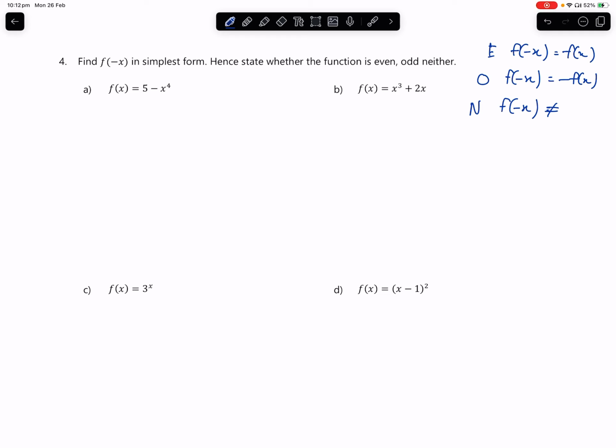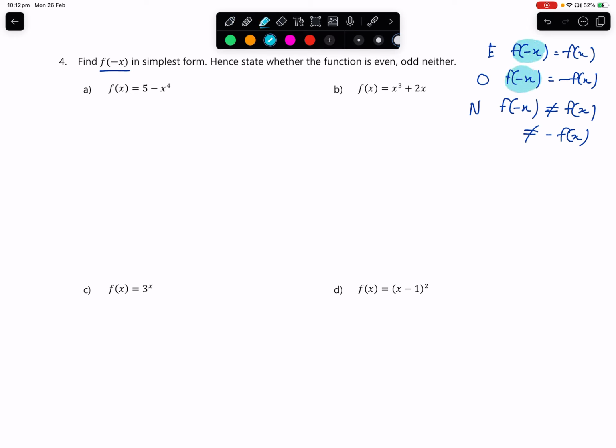So it's not equal to f of x, and also not equal to -f of x. Okay, right. So once we do that, we can find out what these are. So we always have to find out what f of -x is, and see if it matches with one of these on the right side.